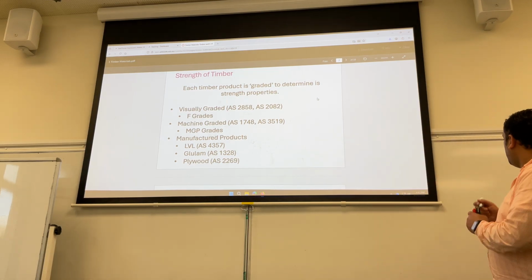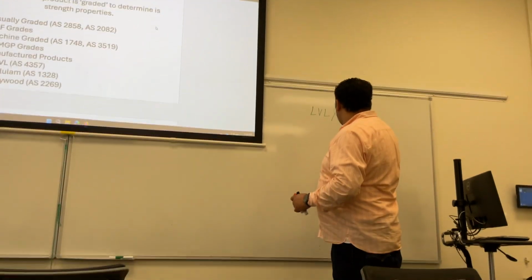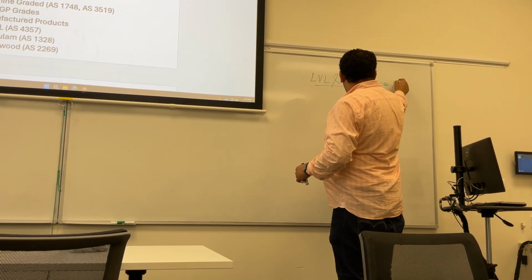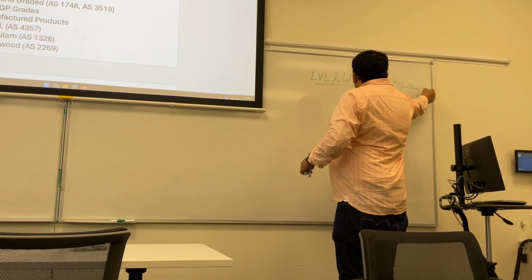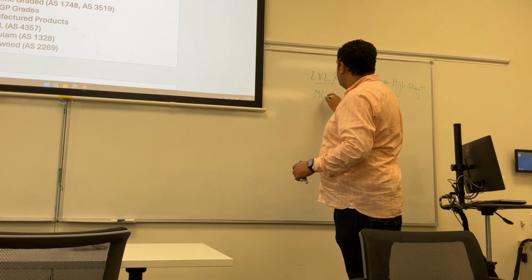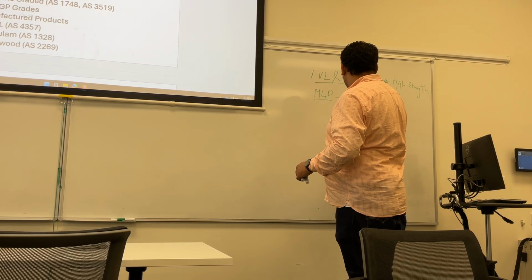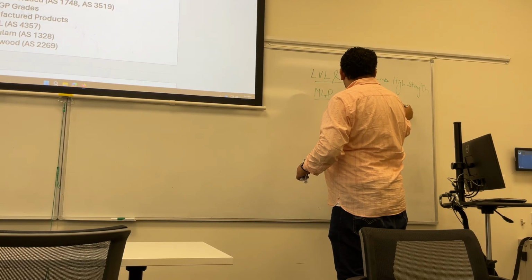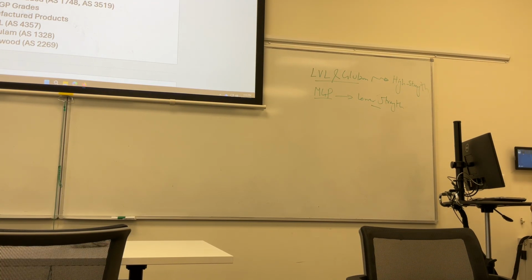So LVL and the glulam are high strength or strong timber. But MGP are lower grades or lower strength. So based on your design or what is the member you are designing, you can select the type of the timber.